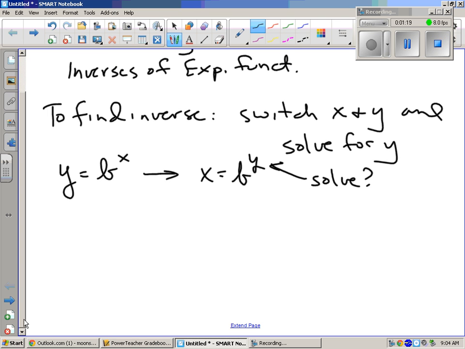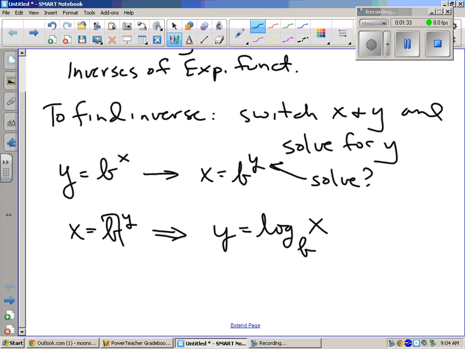So this is where logs come in, because x equals b to the y is the same as saying y equals log base b of x. So this base becomes the base number down here, and this now becomes the answer or the isolated term.